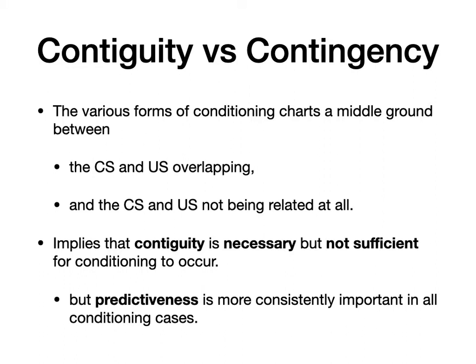So this sort of space between is where most of the actual associating occurs. So this implies that contiguity is necessary, but not sufficient for conditioning to occur. But predictiveness is more consistently important in all of these cases. So contiguity helps, but predictiveness is more important.